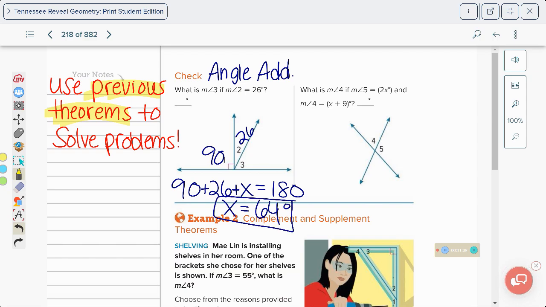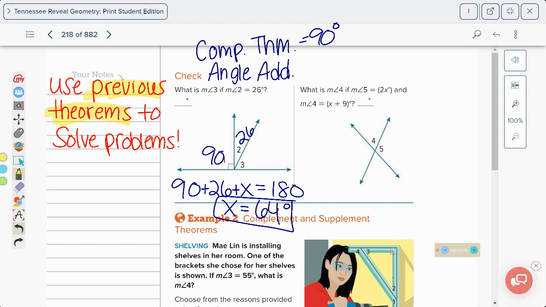Okay, but that's an example of angle addition postulate in action. Okay. Let's see. You could also call that the complement theorem. So if you go back to page 197, they mentioned the complement theorem, but you guys should know what that is, right? Complementary angles equal 90 degrees. Okay.